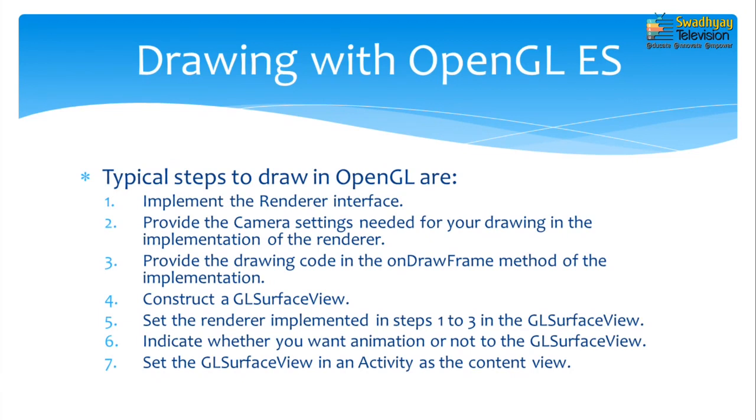Second, you have to provide the camera settings needed for your drawing in the implementation of the renderer, and you have to provide the drawing code in the onDrawFrame method of the implementation. So, the first step is to define the renderer and its methods. Broadly speaking, 1, 2, 3 creates the renderer and its methods.